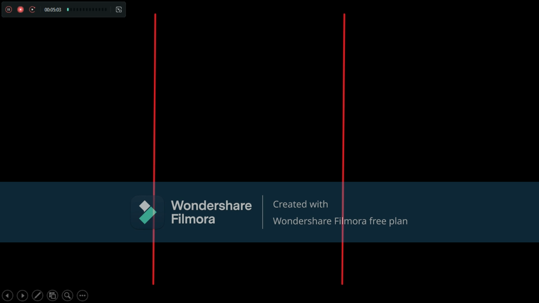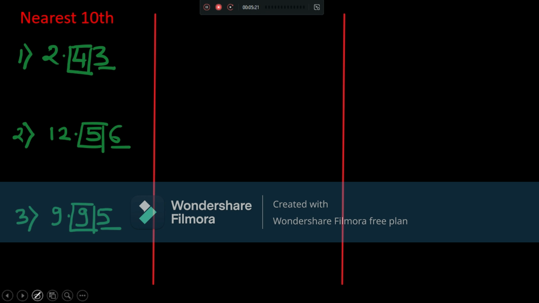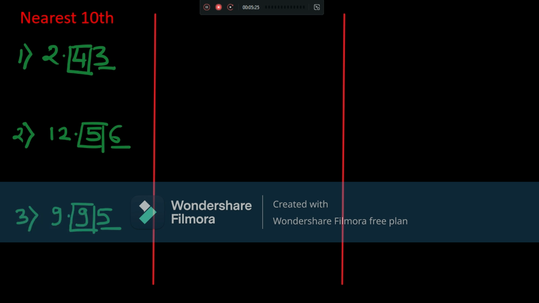Let's move towards rounding off decimals. Let's learn how to round off to the nearest tenth. Here at the tenth place the number is 4, and the number to the right of this is 3, which is less than 5. So we'll not increase by 1.